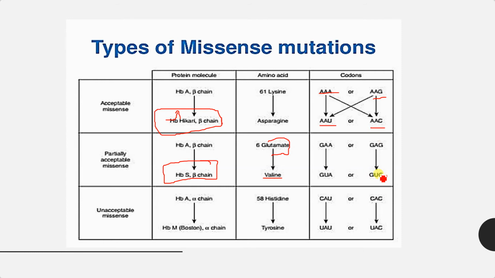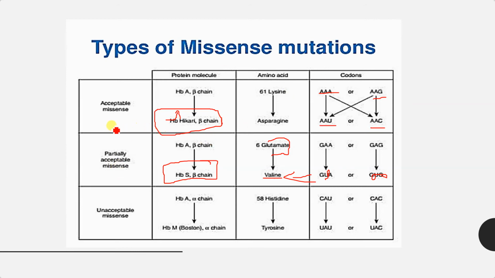So this single replacement of nitrogenous bases results in the amino acid valine instead of glutamate, which results in sickle cell hemoglobin. We know sickle cell hemoglobin is functionally inefficient, especially in conditions of hypoxia. So that's why we call it partially acceptable missense mutation.